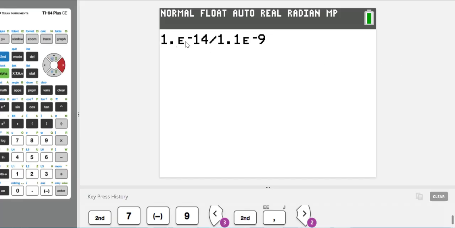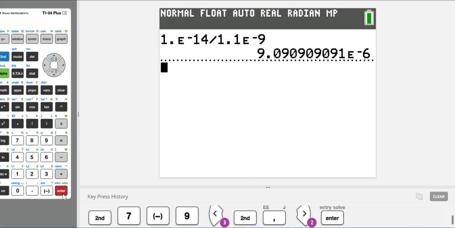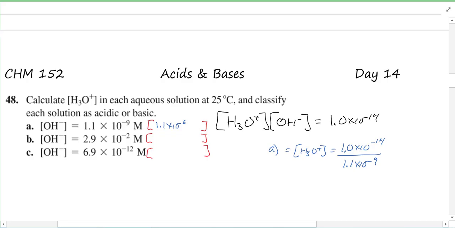Put it in the calculator. 1 times 10 to the negative 14th divided by 1.1 times 10 to the negative 9th. I get 9.1 times 10 to the negative 6. Well, negative 6 is much bigger than negative 9, so A is acidic.